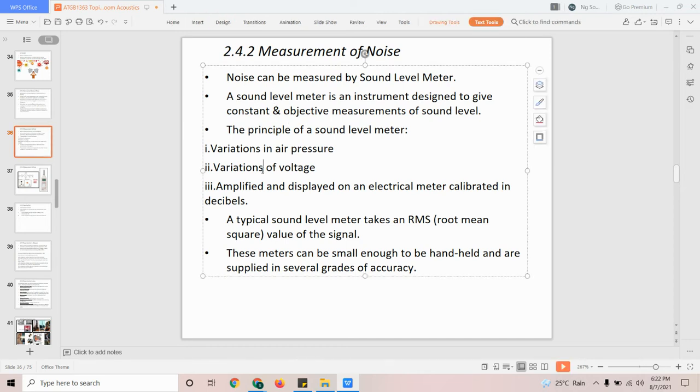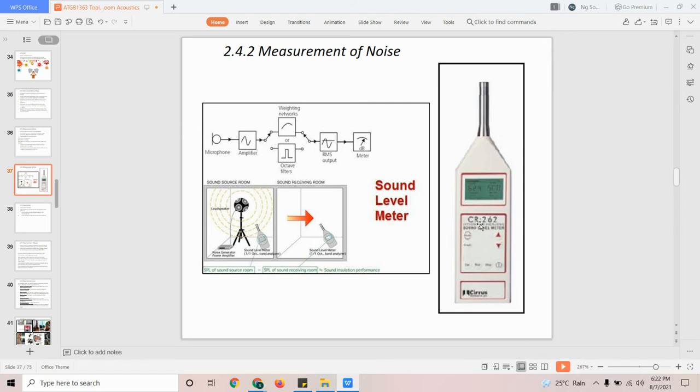Okay, so when it comes to measurement of sound, usually this will be at site lah, if it's required. When you have a very big project or a very commercial project, then you will involve the Department of Environment. They will want you to compile a report lah. Usually you will set up this sound level meter, and this sound level meter will be able to measure how noisy your activity is.